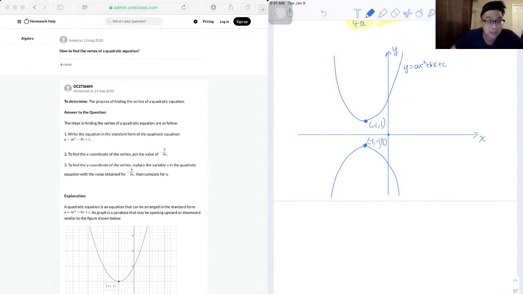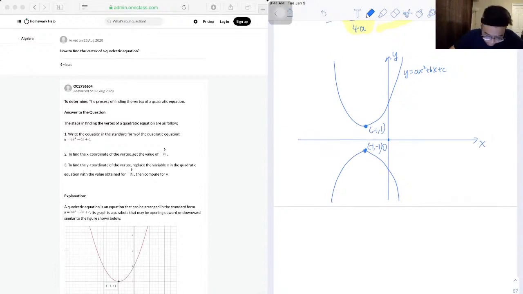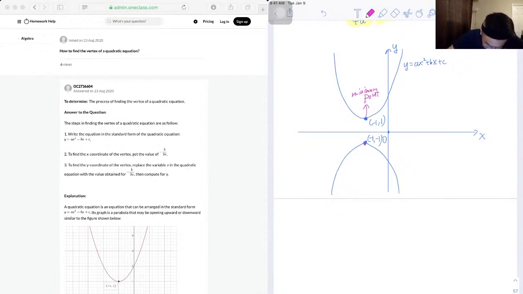So the vertex of the quadratic equation is a minimum or maximum point in the graph. In the example I gave, this point is a minimum point, and this point is our maximum point.